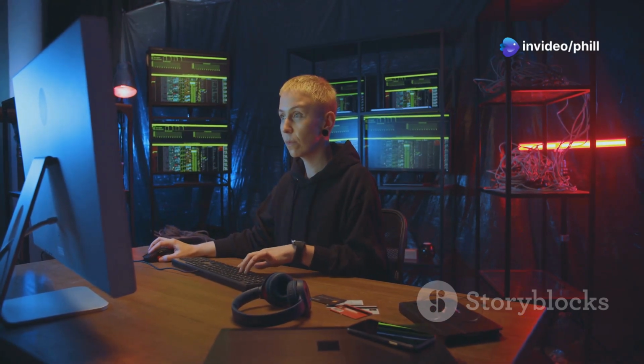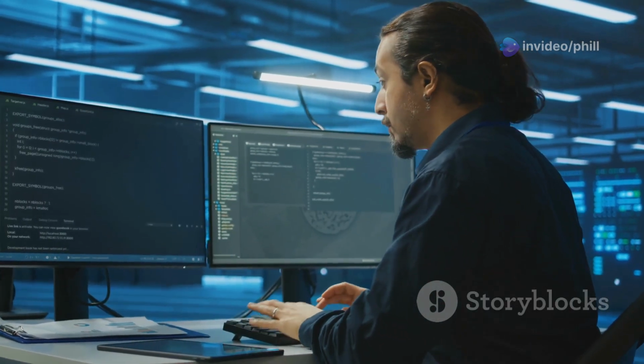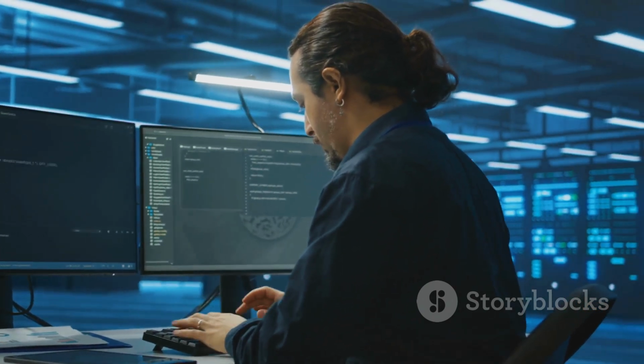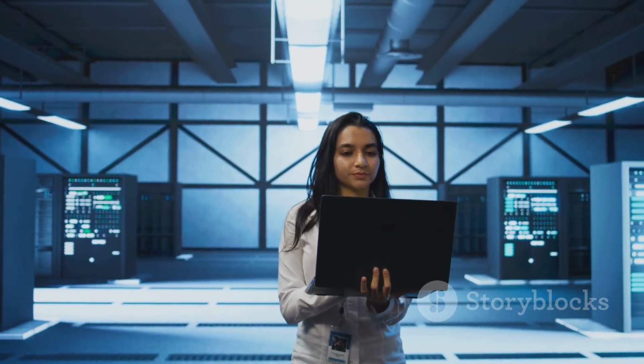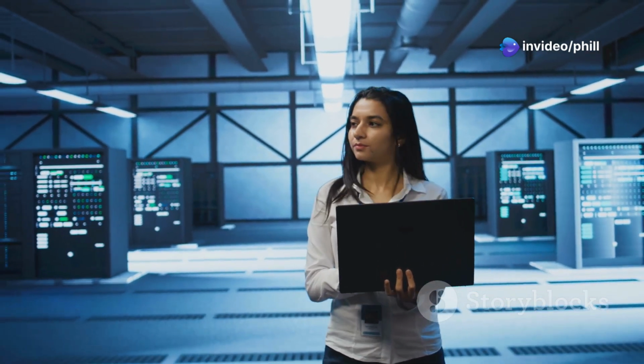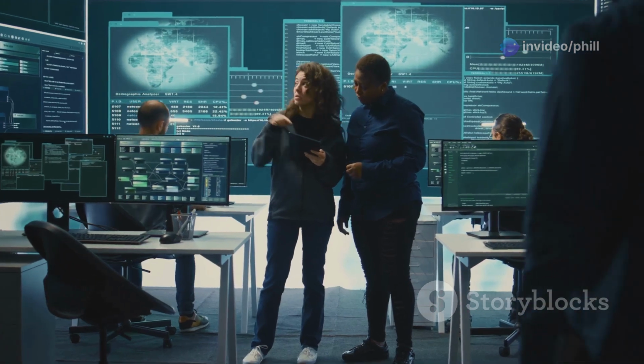Cloud security. As more organizations migrate their data and applications to the cloud, securing these environments becomes paramount. Cloud providers offer various security tools and services, and it's crucial to choose a reputable provider and implement appropriate security measures. Collaboration and information sharing.